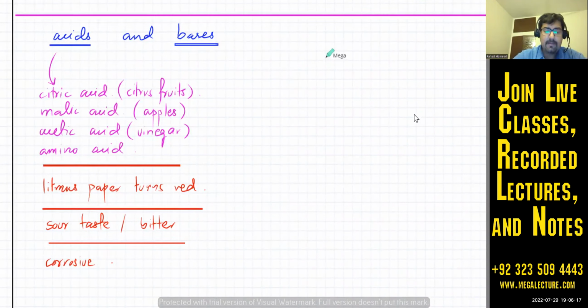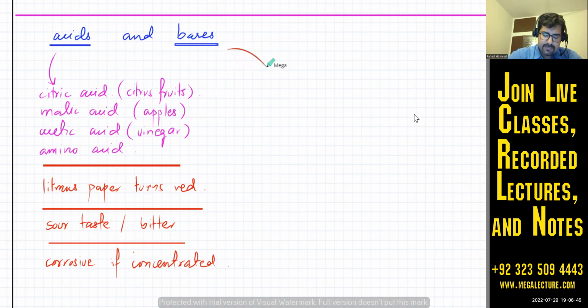But they're only corrosive if they are concentrated in large quantity. Otherwise, they would probably not be that harmful. With lemons, you're actually drinking them, right? Your stomach has a lot of acid, hydrochloric acid. But it will only create a burning sensation if it's very concentrated.